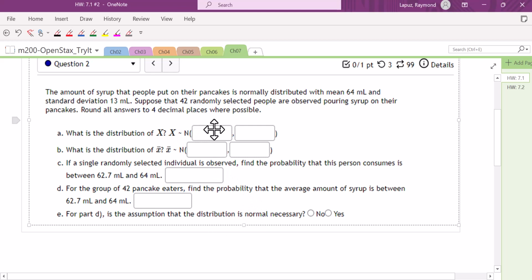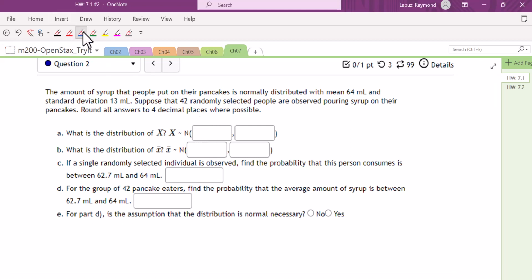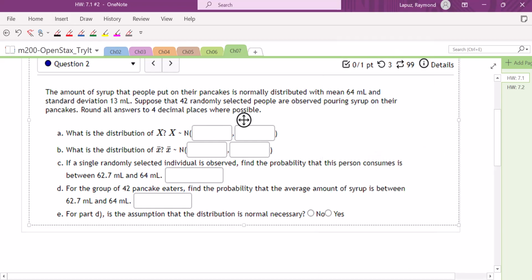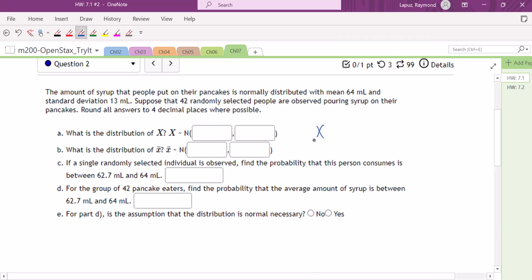All right, for the first one, let's do a little bit of work on the side. We have the normal distribution. If X is normally distributed, we want the mu and the sigma associated with that.